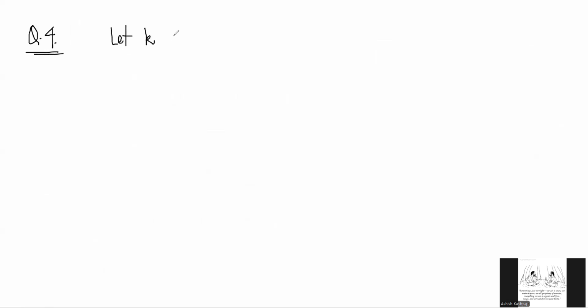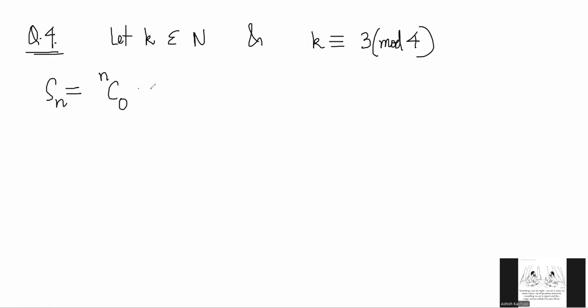Let k, write this down. Let k belong to natural numbers and k is congruent to 3 mod 4. S of n is equal to nC0 minus nC2k plus nC4k and so on, minus nC6k and so on.